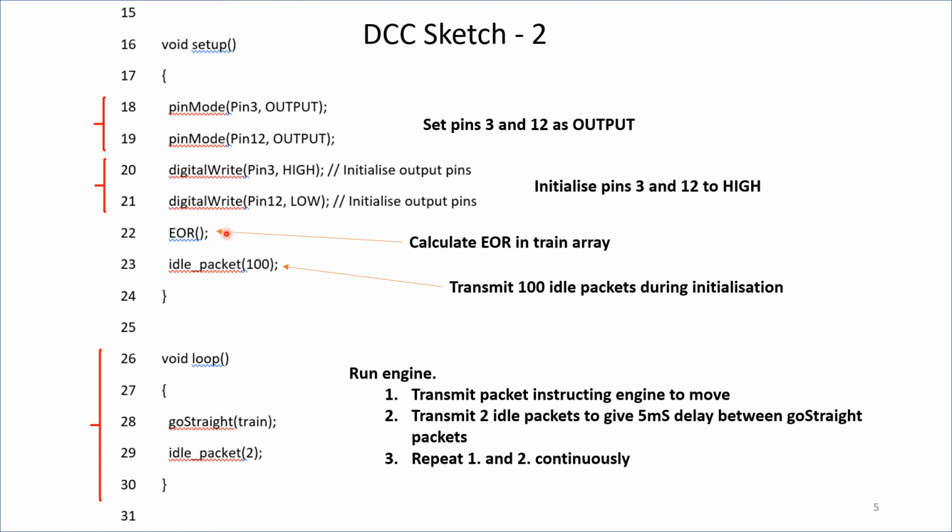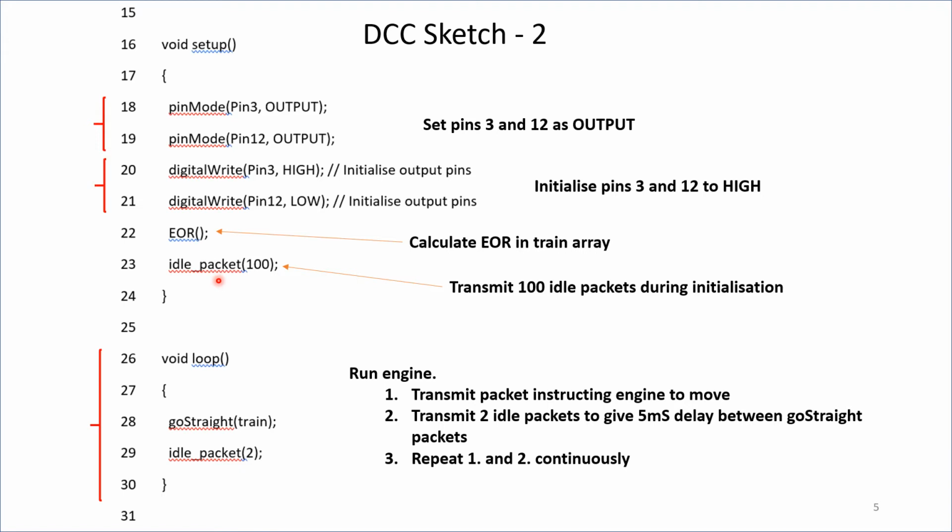Next I calculate the exclusive OR for the 3rd byte. I'll explain how the EOR subfunction works later, but this takes as input the train's address and command bytes and works out what the exclusive OR value is for it.